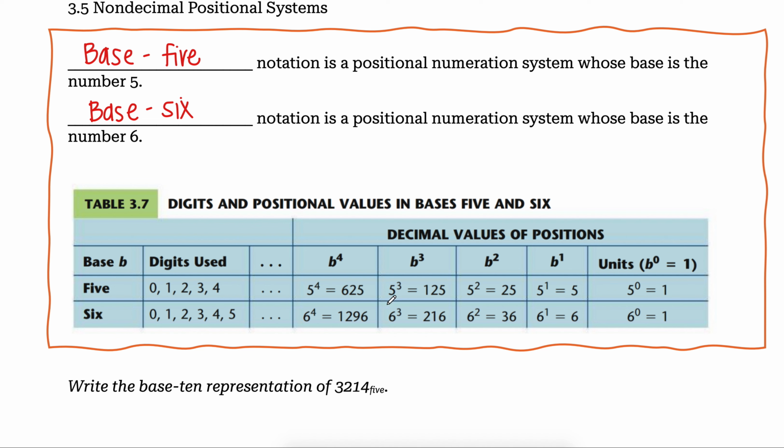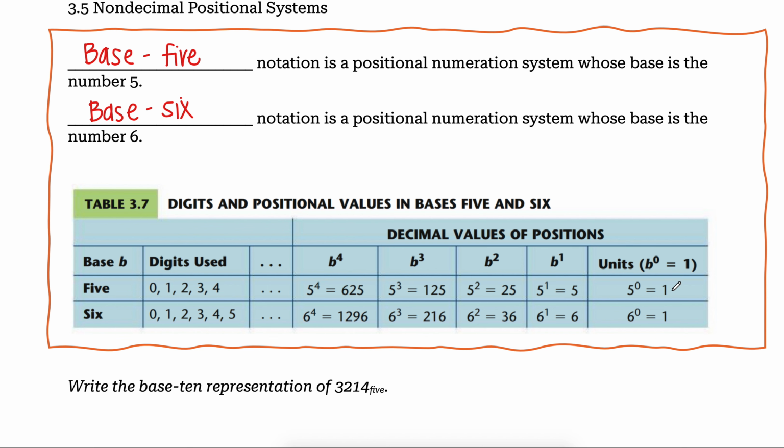So I have the first few positions in both the base 5 and the base 6 system. You have what we call the units or the ones place, okay? That's represented by the base to the 0 power. That's our ones place. Now think about our base 10. We go ones, then we go the tens.